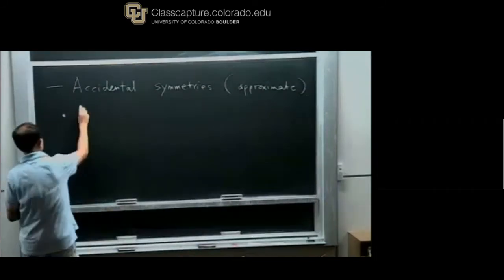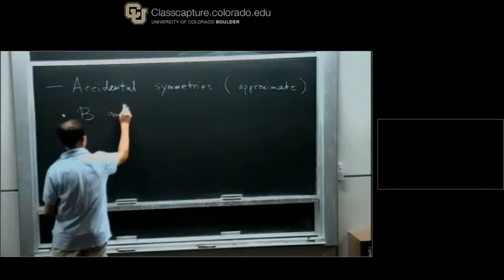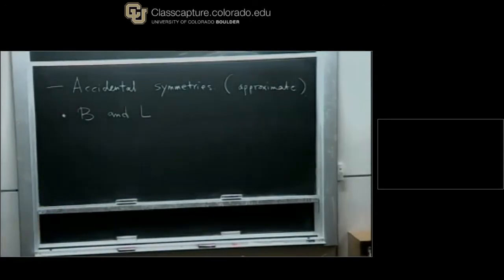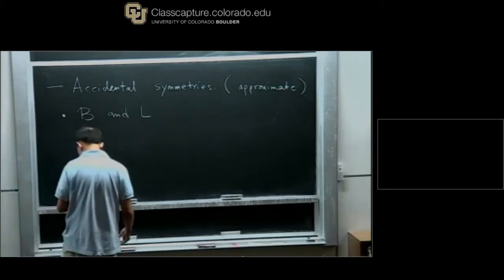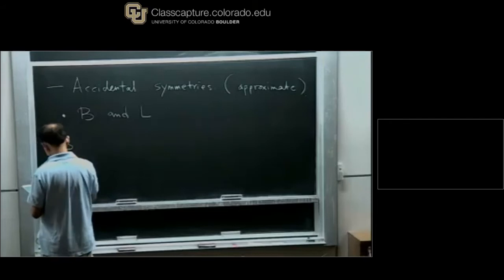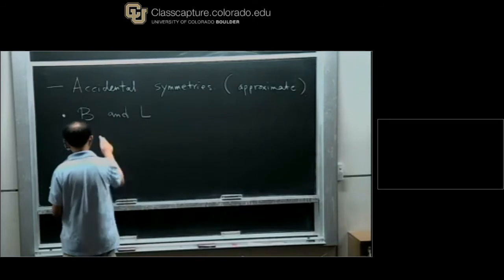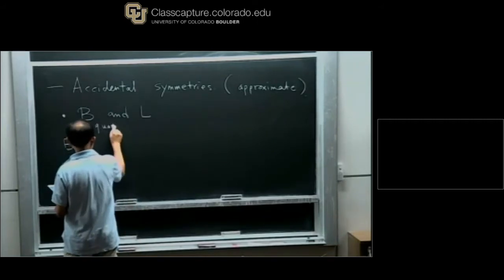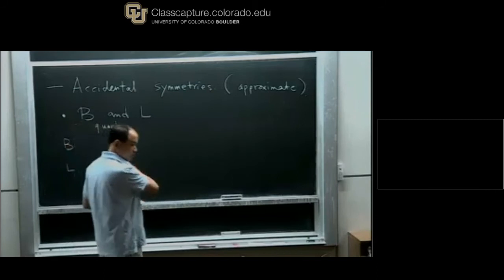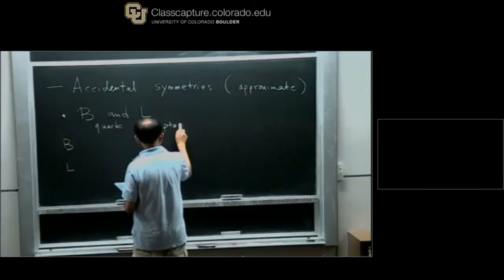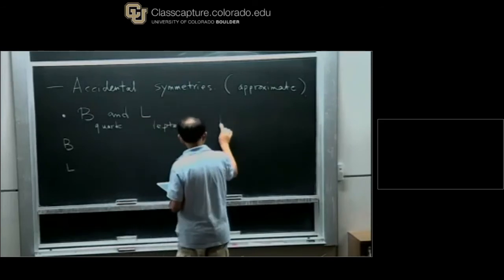So let's first do B and L. Okay. Baryon number and lepton number. These are accidental symmetries of the standard model Lagrangian. So these are defined as the following. We'll refine a little bit of this later, but at this level, just accept it as it is.